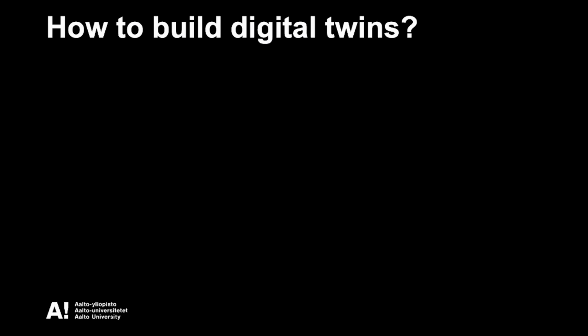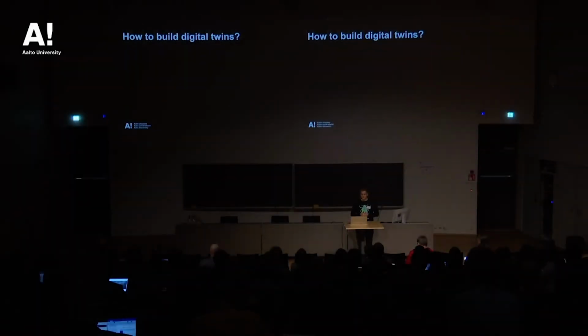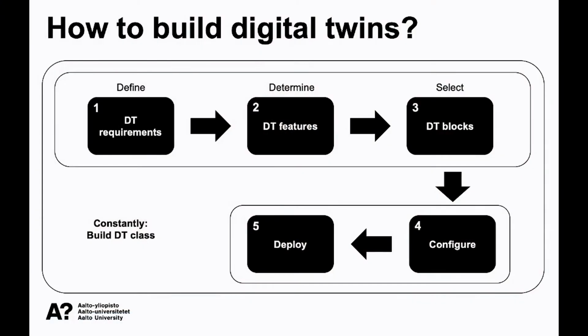Then, how to build digital twins. I'm also suggesting a procedure for this. This is a general procedure for any kind of digital twin, and it also builds on the features that I'm suggesting.